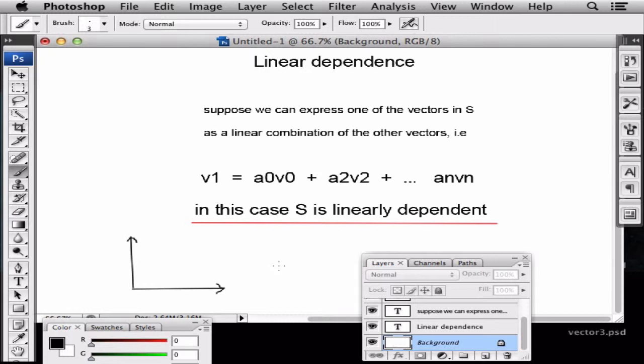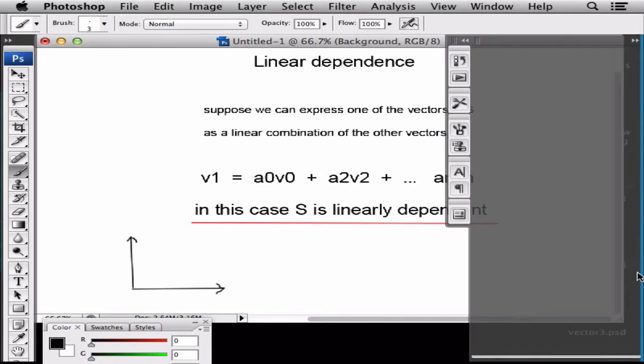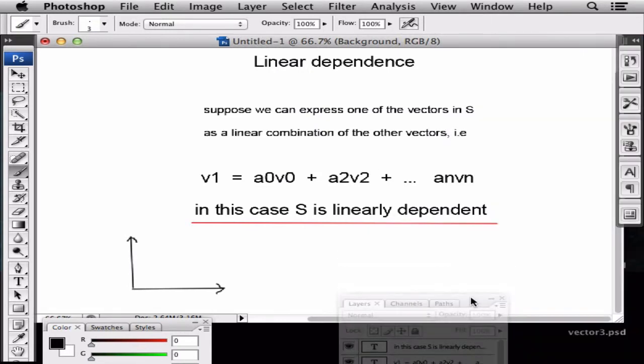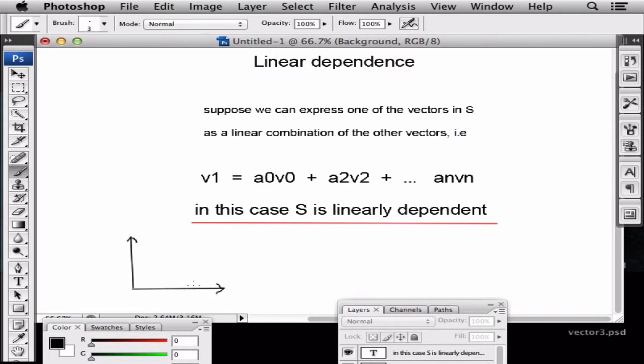We could find any point in the plane by choosing the appropriate linear combination. These are not linearly dependent, because you cannot take one out and use the other one. If we want to get to this point, we cannot do it by multiplying the other vector by any number. That's impossible, so this is not a linearly dependent set. This is linearly independent.